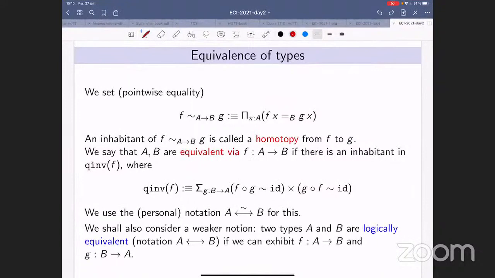So the first definition I give in this slide is this one, and I have a symbol for it, which is in LaTeX \sim. I will say homotopic. I define f to be homotopic to g in the case that this type is inhabited: Pi x, fx equals gx.